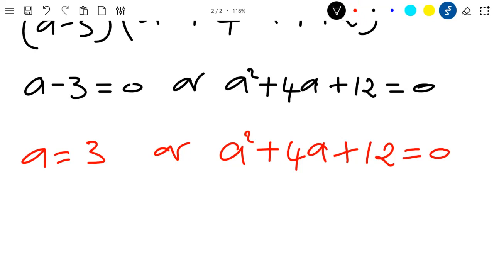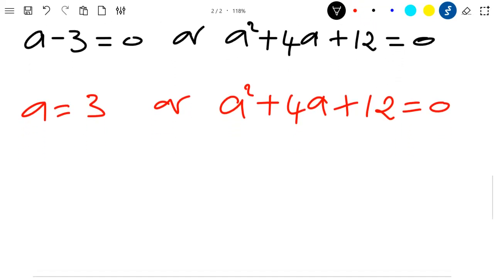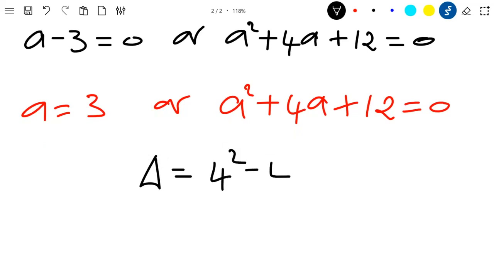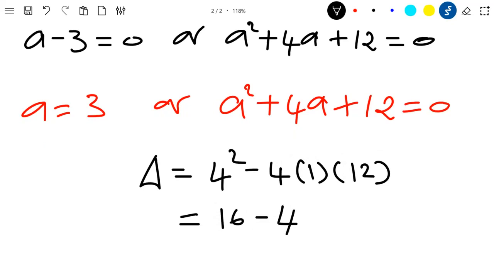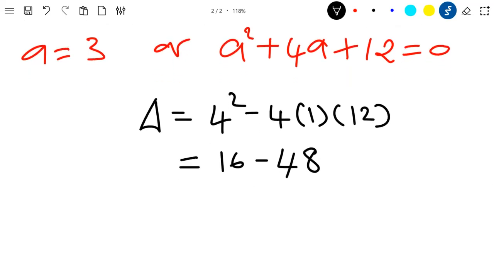Delta is b^2 - 4ac, with a equal to 1 and c equal to 12. So this is just 16 - 48, which is -32.